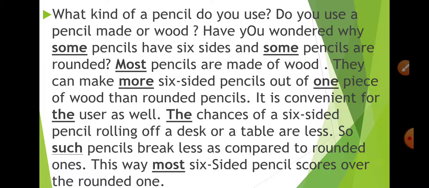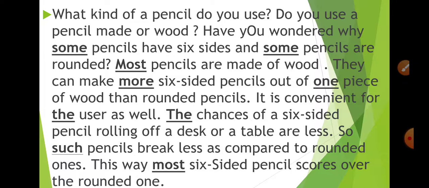What kind of a pencil do you use? Do you use a pencil made of wood? Have you wondered why some pencils have 6 sides and some pencils are rounded? Most pencils are made of wood.